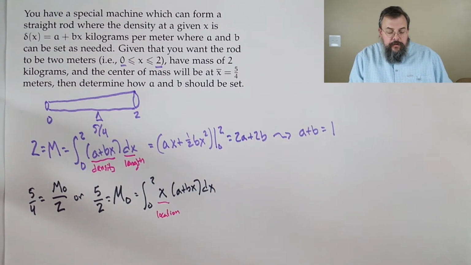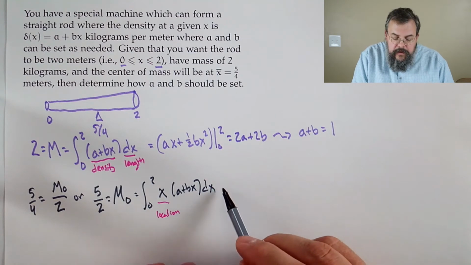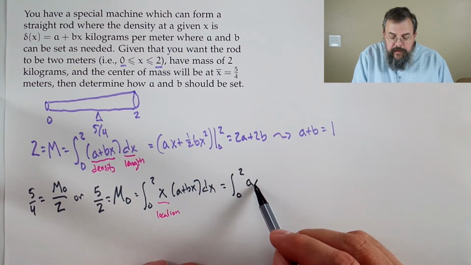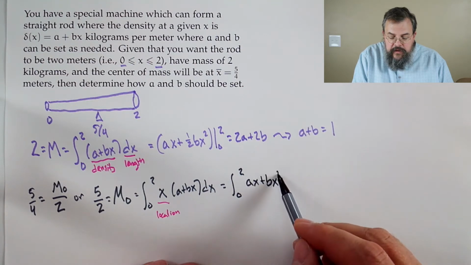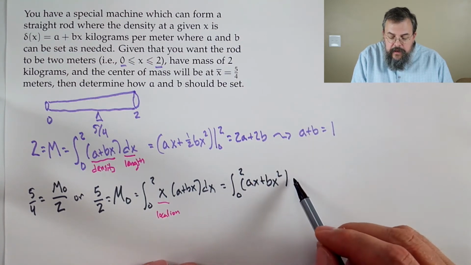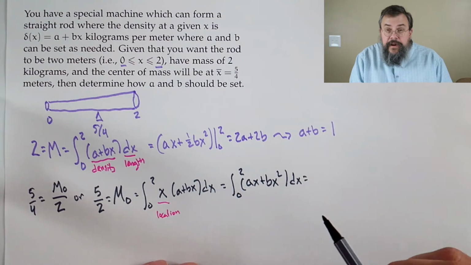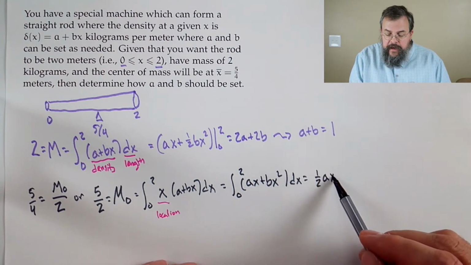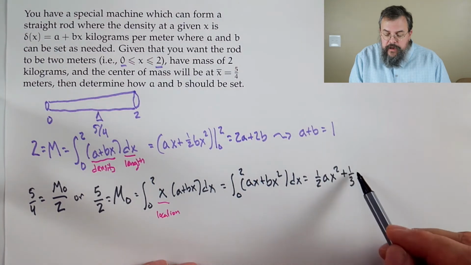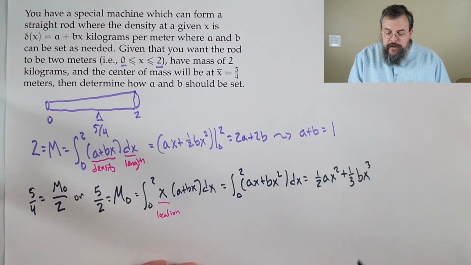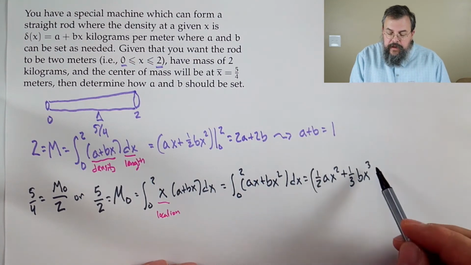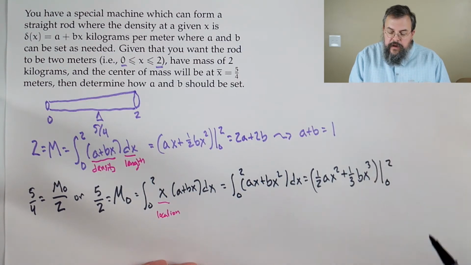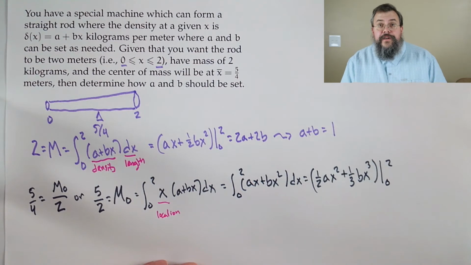This is integral 0 to 2, a times x plus bx squared. Well, that's something we know how to integrate. That would be 1/2 ax squared plus 1/3 bx cubed. And now we need to evaluate from 0 to 2. Nice thing is when you plug in 0, you get 0.